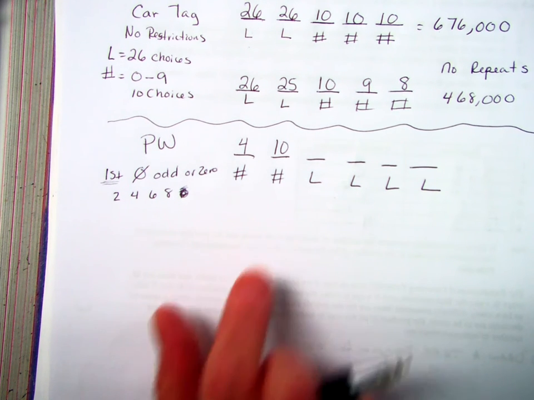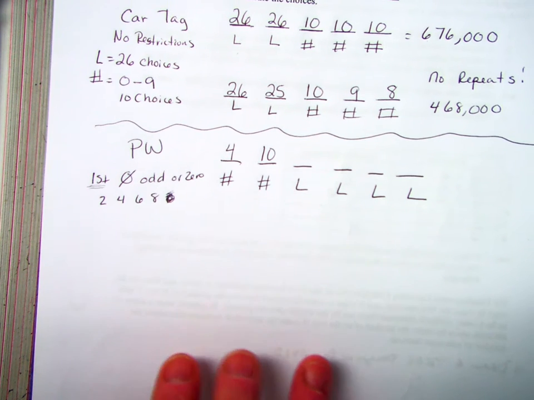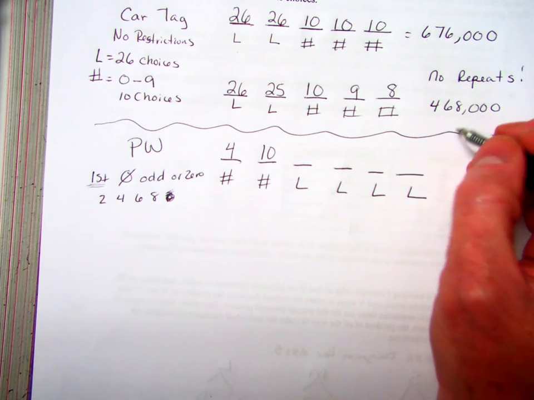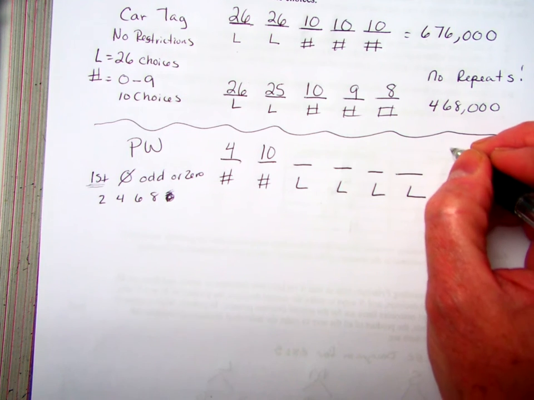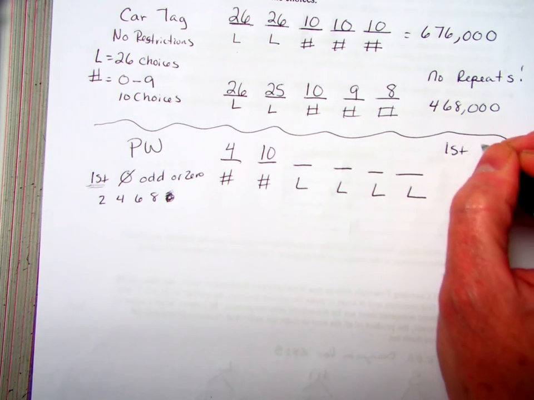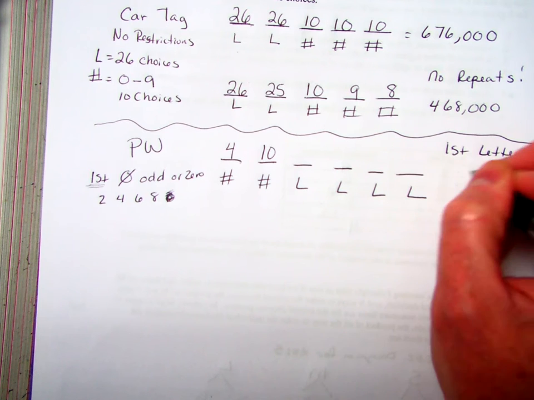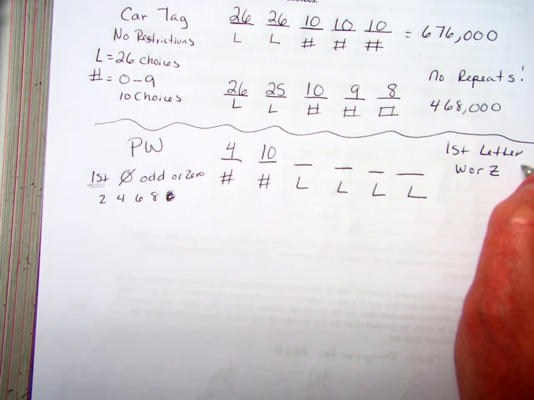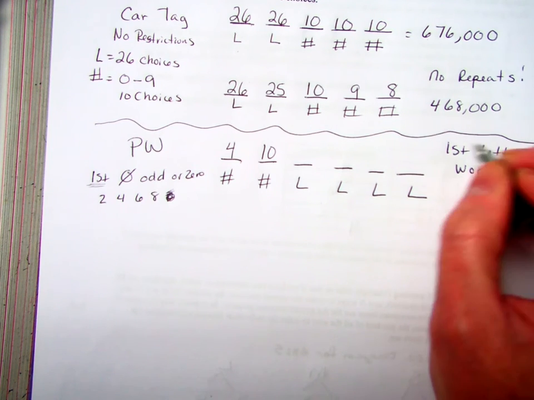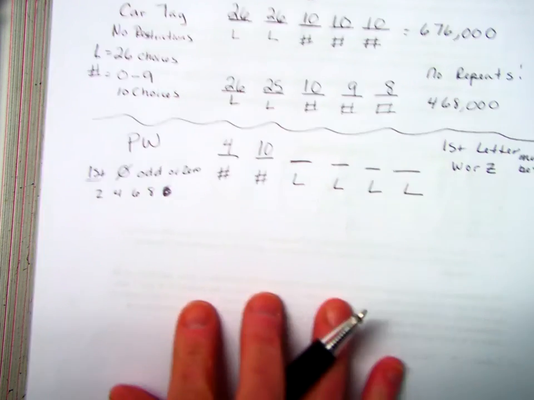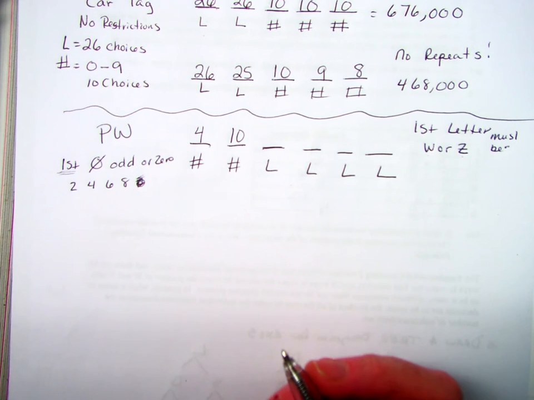All right, and let's say on the letters, the first letter has to be a W or a Z. So how many choices do we have? 2.